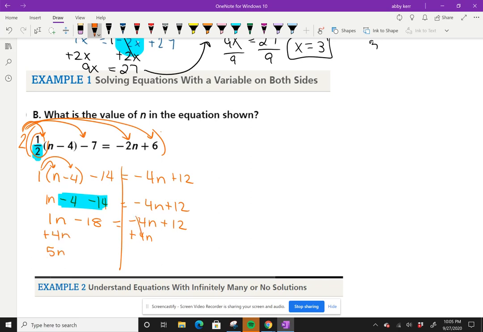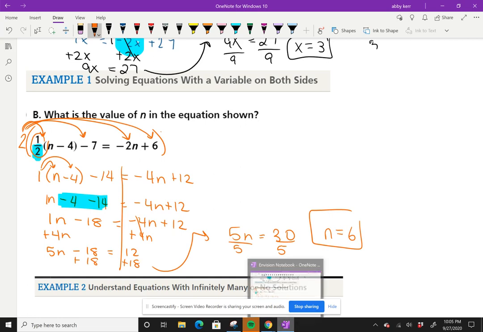So then we have 5n minus 18 equals 12. Add 18 on both sides. Then we have 5n equals 30, and then we can divide 5 on both sides, and then we have n equals 6. So you can check your answer by putting 6 into n on both sides, and you should get a true statement.